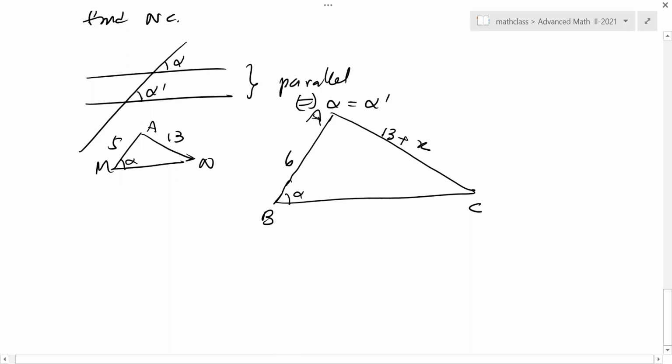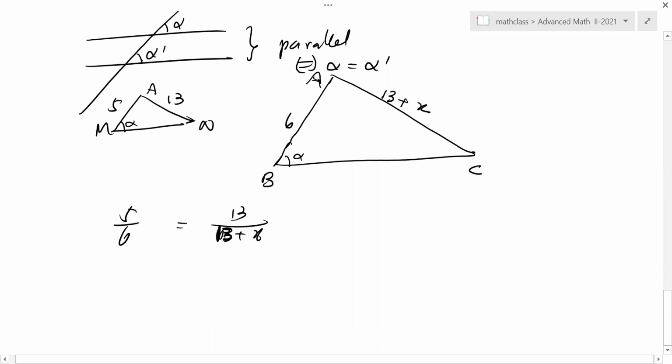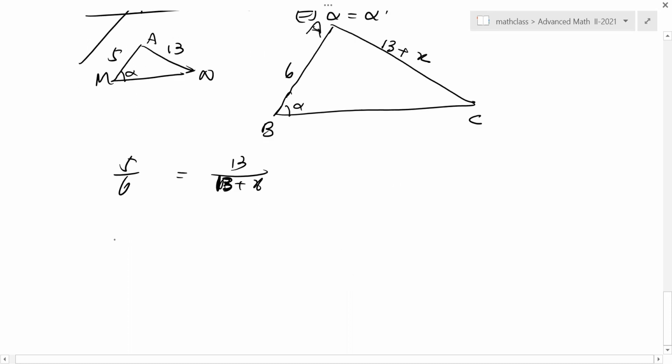So that means 5 over 6 is equal to 13 over 13 plus X. Or, if you write the bigger triangle on the top, 6 over 5 is equal to 13 plus X over 13.